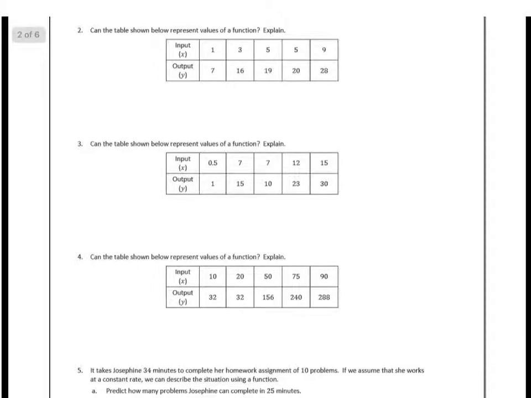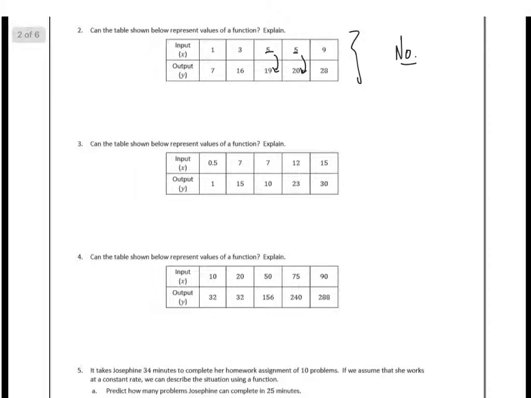In this slide, what you're supposed to do is figure out whether the table represents a function or not. The answer to this first one is no. And why is that? Because if we look at the input 5, we have a value equal to 19, and if we look at this other 5, we have a value of 20.